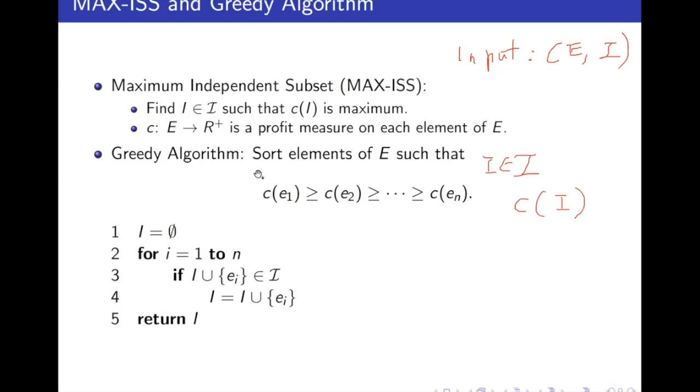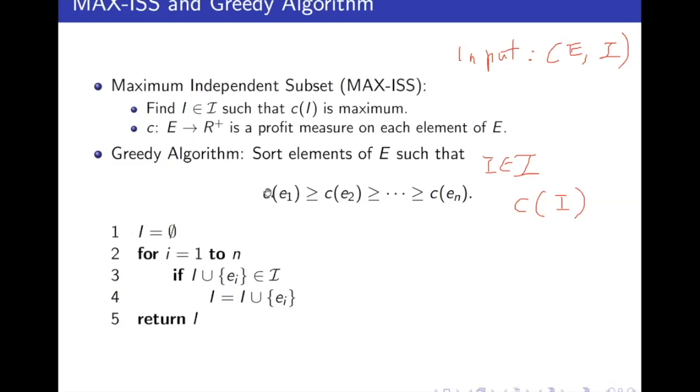And then we can use a greedy algorithm to find such an I. What we're going to do is sort the elements of E according to this measure C in non-increasing order. Without loss of generality, we simply assume that C of e1 is greater than or equal to C of e2, and so on, greater than or equal to C of en. The greedy algorithm is the following. Initially, we set I to the empty set.